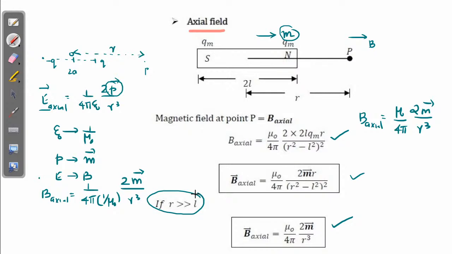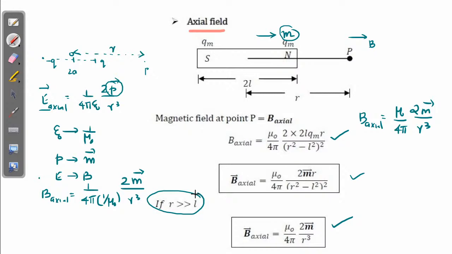Those who want to derive this expression, you can try deriving it by following the same procedure you used in the case of electric field due to an electric dipole at an axial point. The only difference is that minus q will be replaced by your south pole, and plus q will be replaced by your north pole.